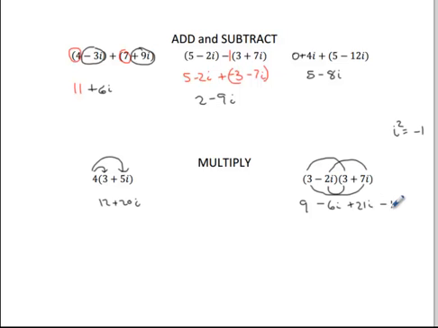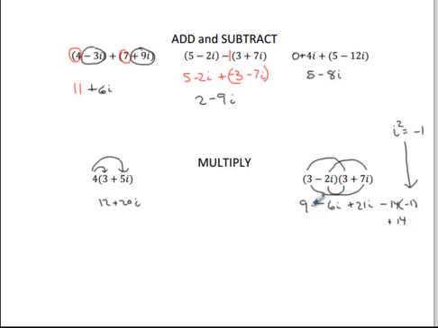Well, that's a negative 14. I've got an i times an i. Well, that's an i squared, but i squared is negative 1. So this last term becomes real. A negative 2i times a positive 7i is going to turn out to be a positive 14. Negative 14 times negative 1, positive 14.